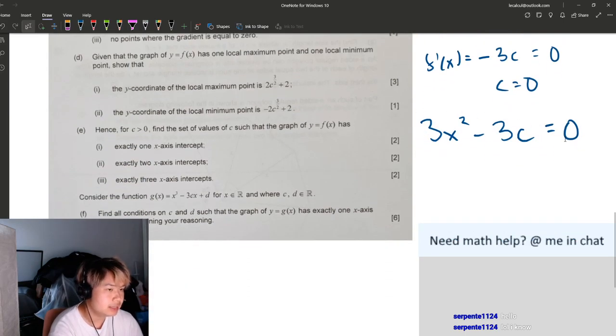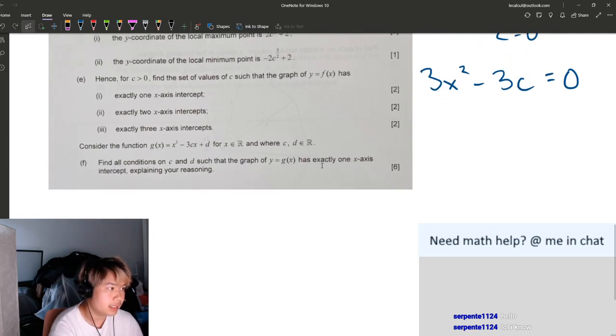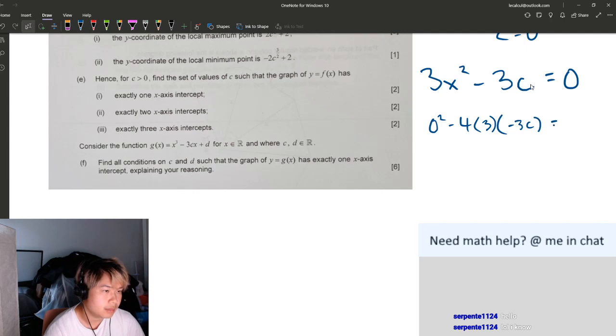In other words, this needs to have 2 separate solutions for x. One for the maximum, one for the minimum. And we know how to do that. We're going to use the discriminant. So it's going to be b squared, which is just 0, minus 4 times a times the discriminant c, not this variable c. Oh, and this needs to be positive, not equal to 0. Sorry, you want 2 solutions.